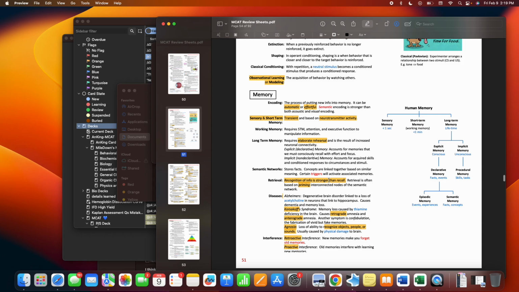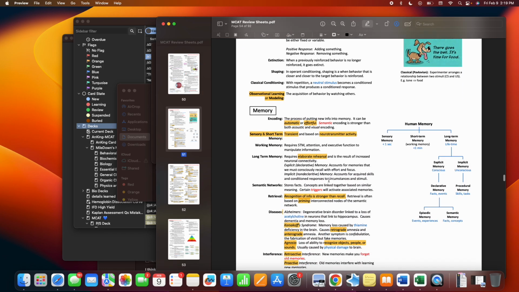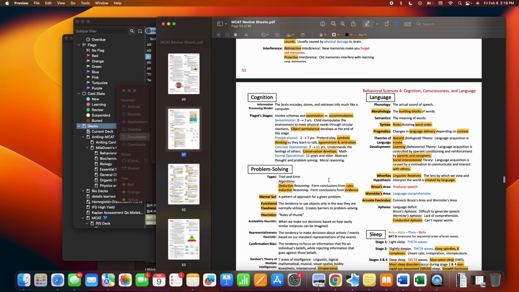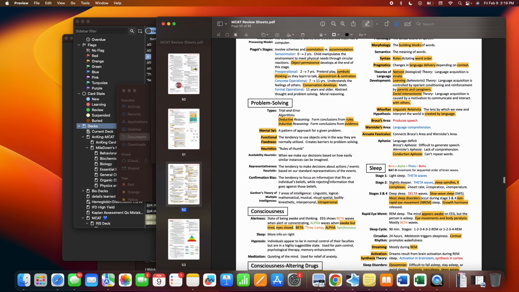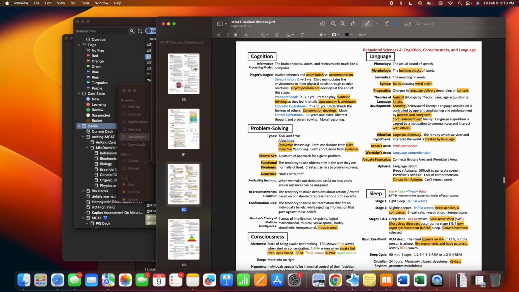So for memory, we're talking about the learning part, right? Or is it the cognition? Here. So we have deductive reasoning, forming conclusions from rules, and inductive is from evidence.